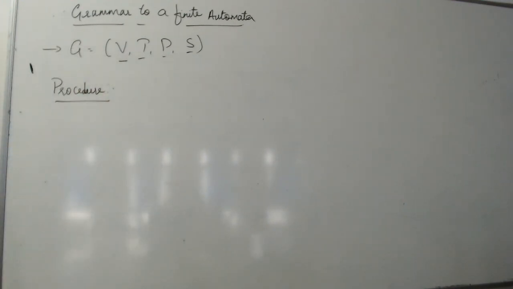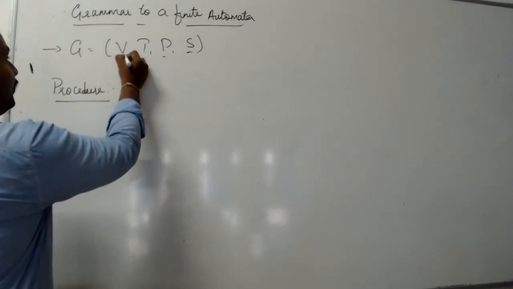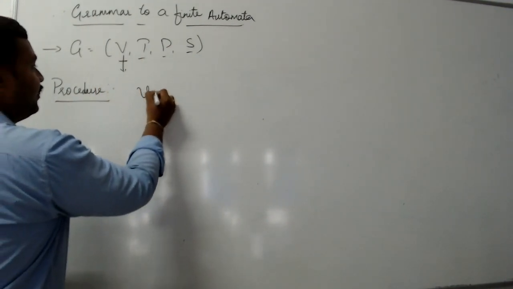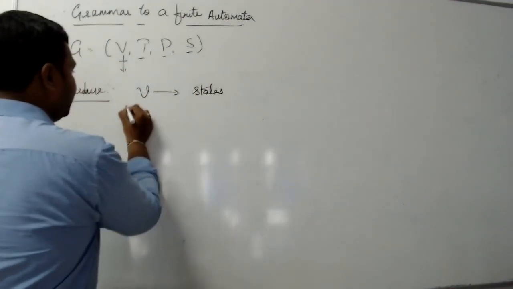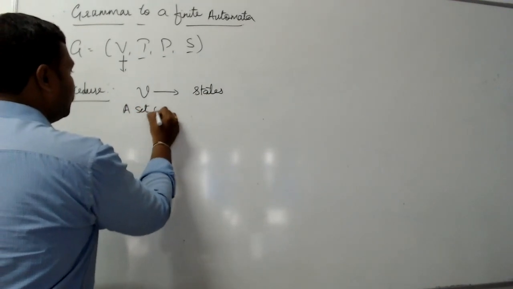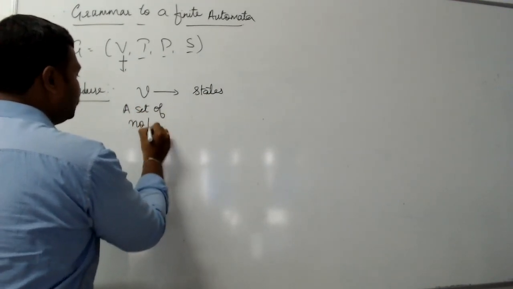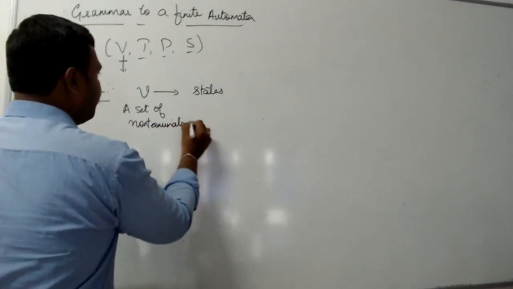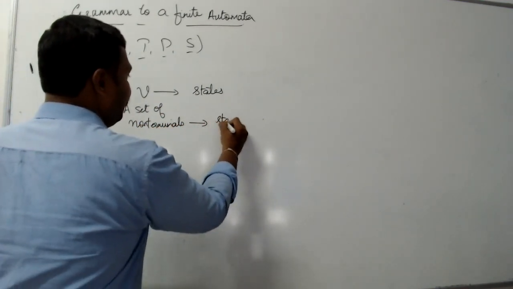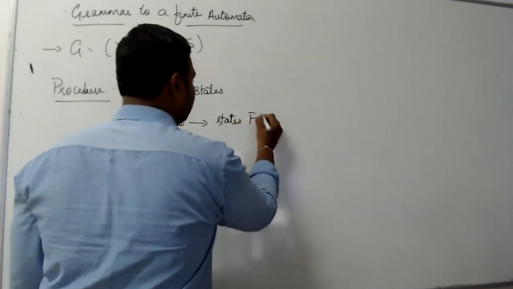First, all the variables or all the non-terminals that are present in V will become your states. That is, the set of non-terminals becomes the states of a finite automata.